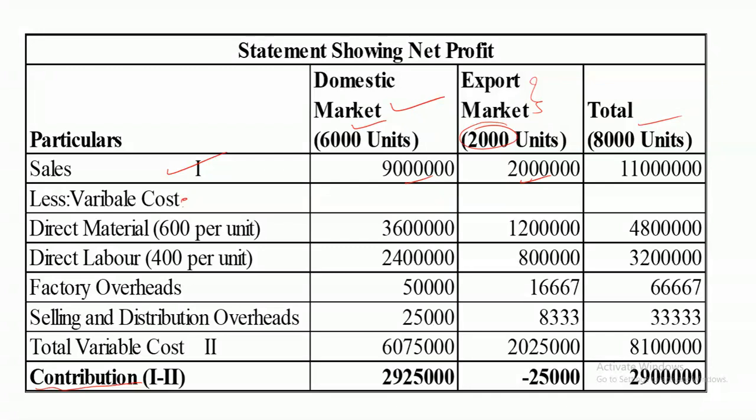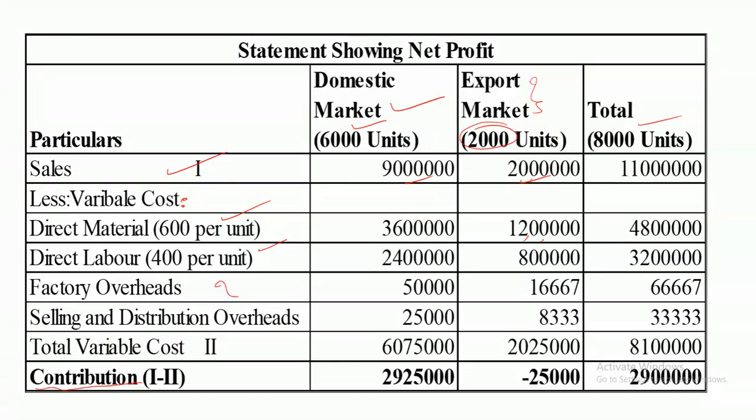Less variable costs. So direct material, direct labor. 600 and 400. So 600 into 6,000 is 36 lakhs, and here 600 into 2,000 is 12 lakhs. Similarly, direct labor 400 into 6,000 is 24 lakhs, and in the export market it is 8 lakhs.